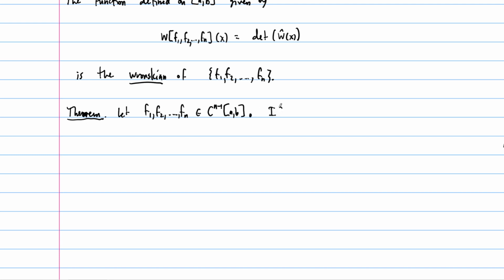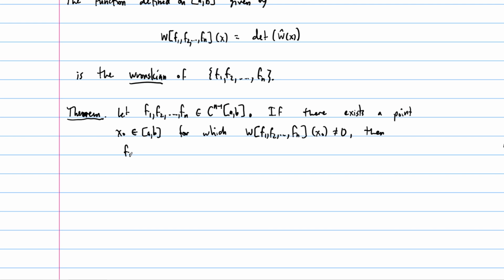If there exists a point x naught in the interval from a to b for which the Wronskian W of f1, f2 through fn at x naught is not equal to 0, then our functions f1, f2 through fn are linearly independent.